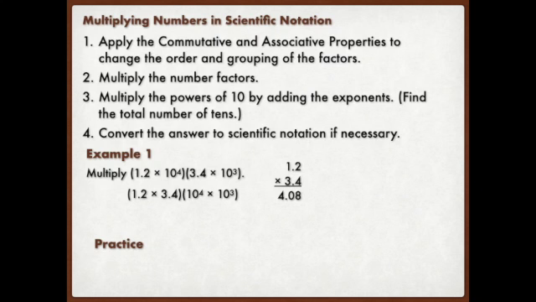You don't have to put them in separate parentheses if you understand that I have to multiply those numbers first. So 1.2 times 3.4 is going to be 4.08. I have that done. Now I need to focus on my exponents. Because I'm multiplying these, I'll go ahead and add 4 plus 3. And that's going to be 10 to the 7th power.